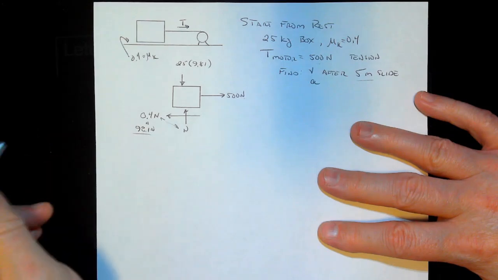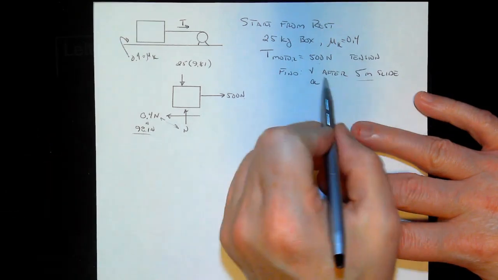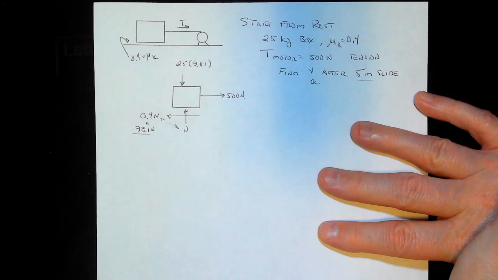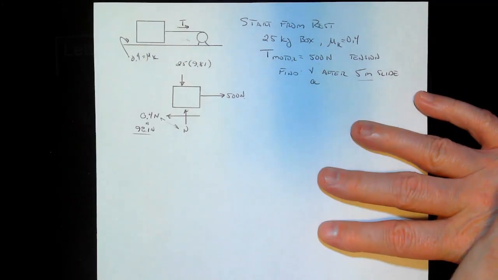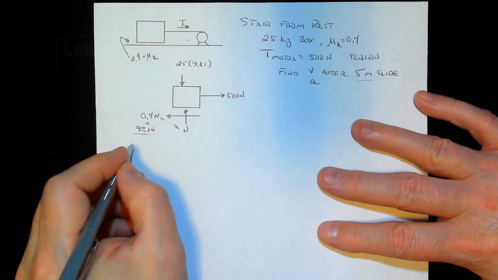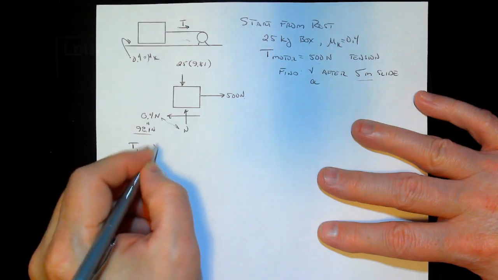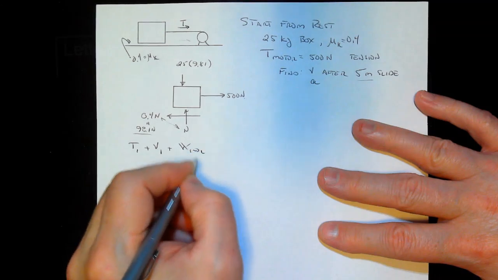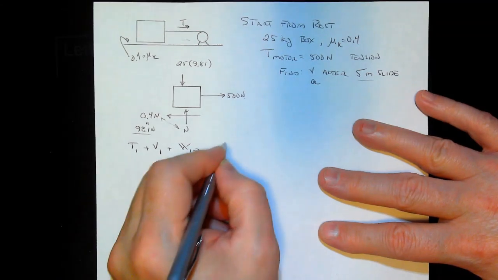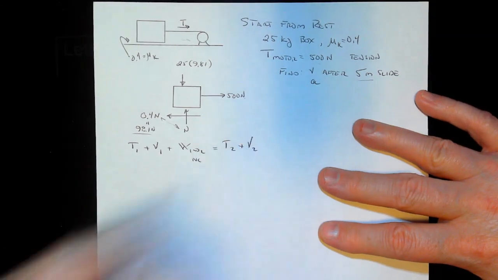So the first question, what is the velocity after a 5 meter slide? This thing moves along 5 meters, what's its velocity? That's an energy problem: T1 plus V1 plus work 1 to 2 non-conservative equals T2 plus V2.